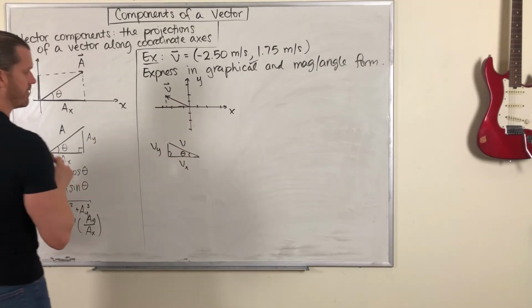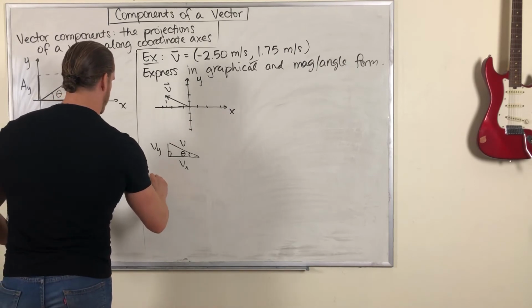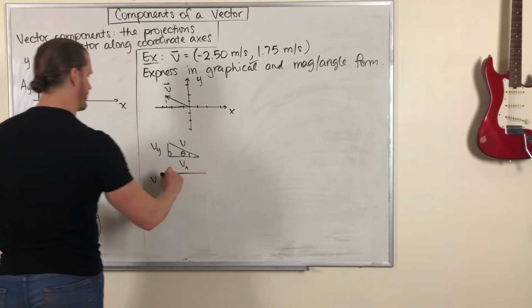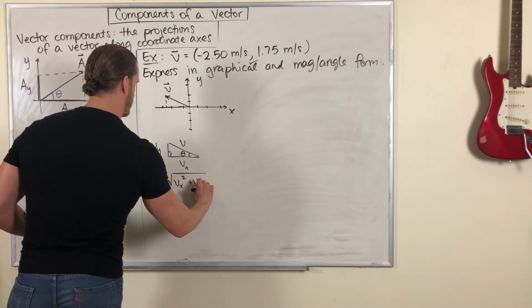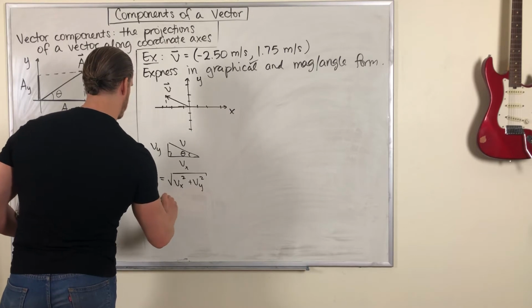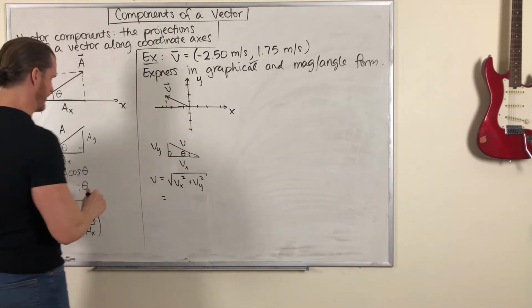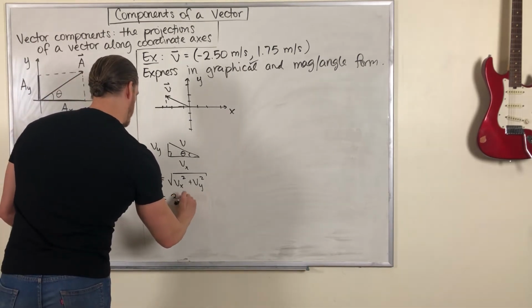Okay, so there's our vector as a right triangle. We know from Pythagorean theorem that the length is the square root of vx squared plus vy squared. We have minus 2.5 and 1.75. That gives you 3.05.